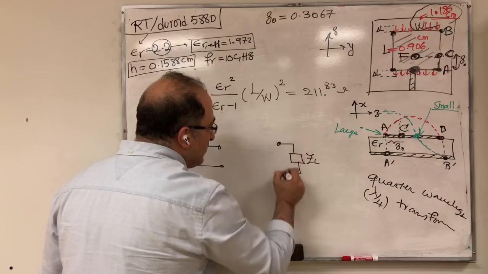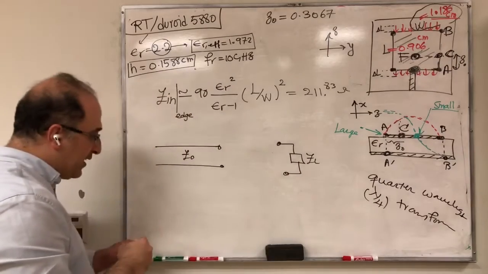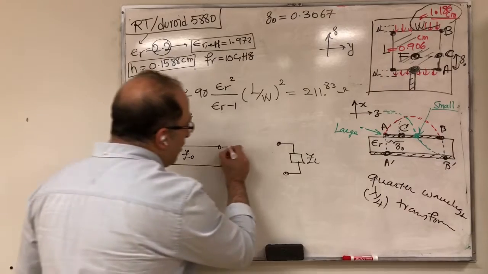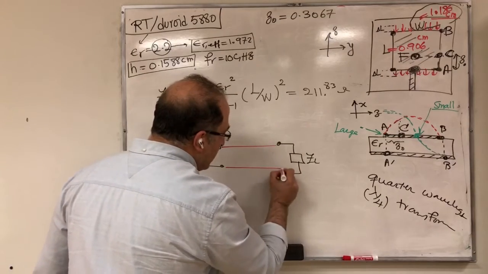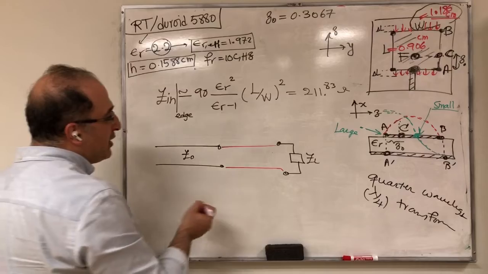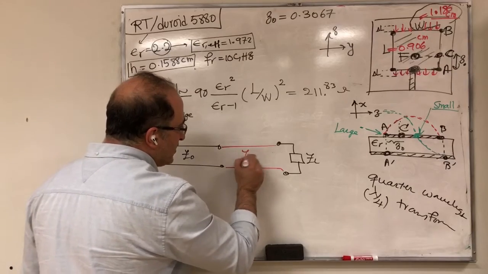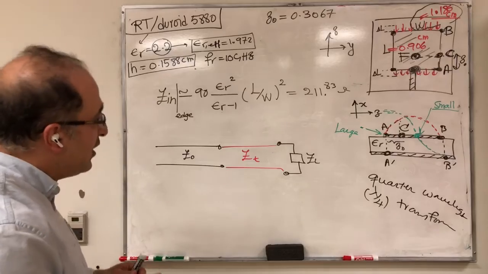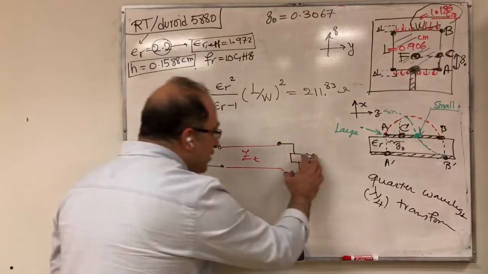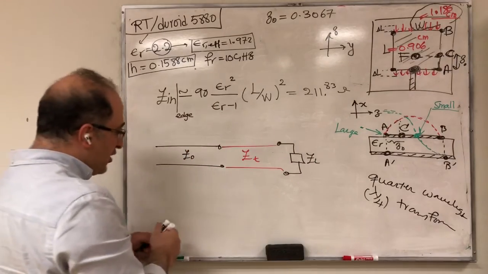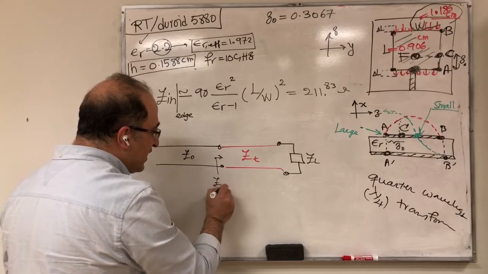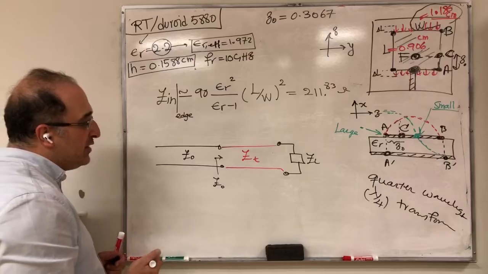So of course, if we connect them together, if ZL is not equal to Z naught, we're gonna have reflection. Now, what if we have another transmission line here, and let's call this ZT, a lambda over 4 transformer, for example, so that this ZT can convert this ZL such that when we look from here, we see Z naught. So that's essentially the idea.